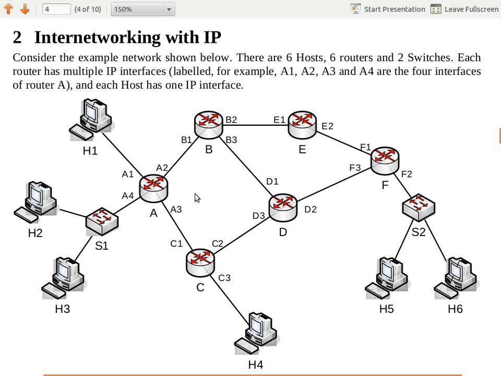Router A is connected to 4 different subnets, B to 3 subnets, and so on. And 1, 2, 3, 4, 5, 6, 7, 8, 9, 10, 11 subnets in this example.